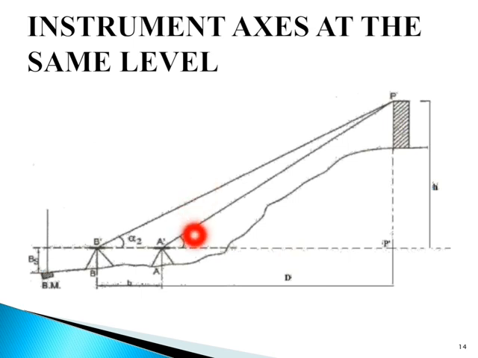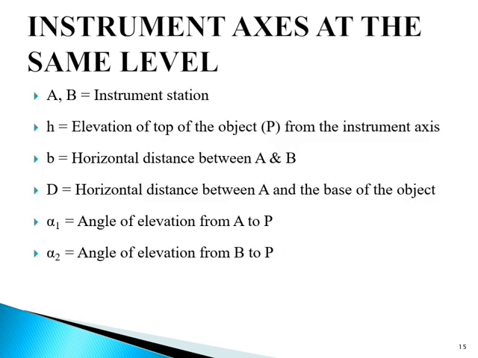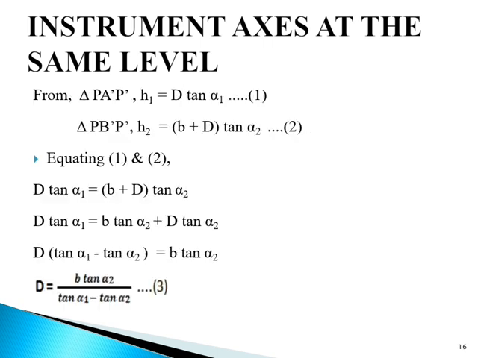Alpha 1 is equal to the angle of elevation from A to P, and alpha 2 is equal to the angle of elevation from B to P. I have already listed out each and every term, so you can write it down. So let us start the procedure.